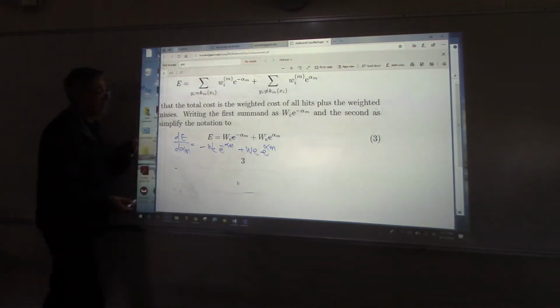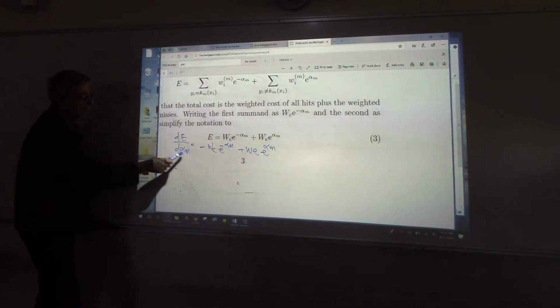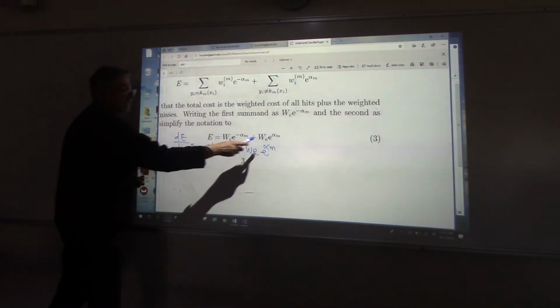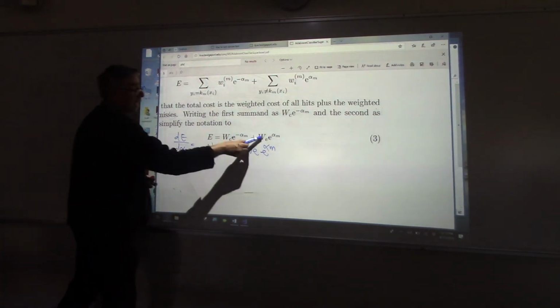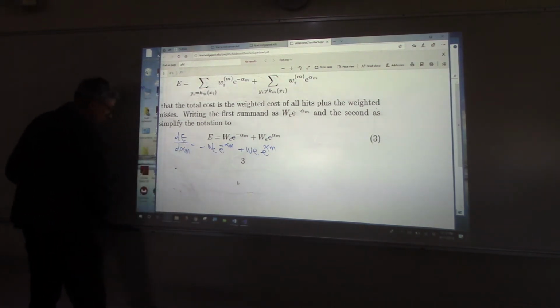Alpha m is just a number, right? We're taking the derivative with respect to one variable. Remember, the derivative of e to the x is e to the x. So the second term stays as is, and the first gets multiplied by the negative.